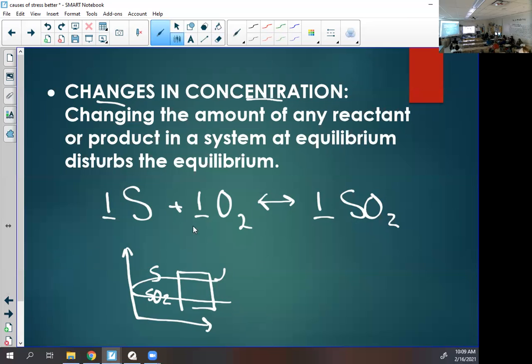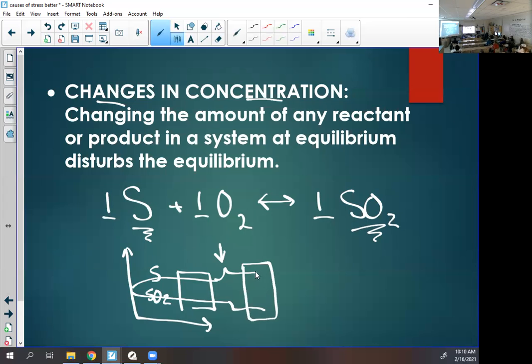So what happens? Sulfur will start to react with oxygen. So I put it in, and it starts to react with oxygen to form SO2, so its concentration comes down. All right, and it goes flat. Well, let's think about what probably happened to oxygen. If I add S to make this, what's going to happen to the amount of O2 present? It's going to go down. And then we establish another equilibrium position.